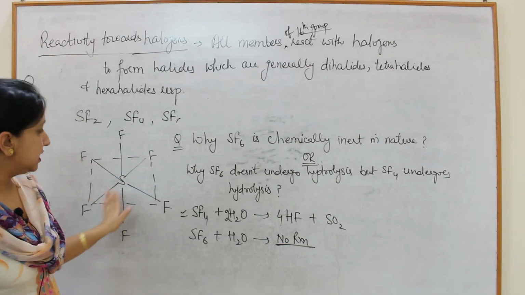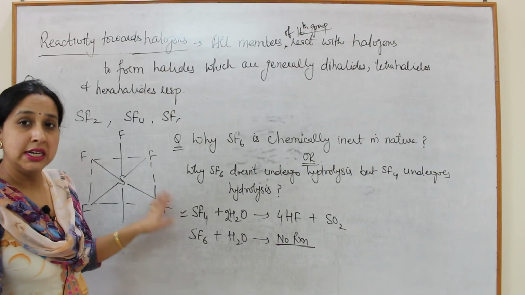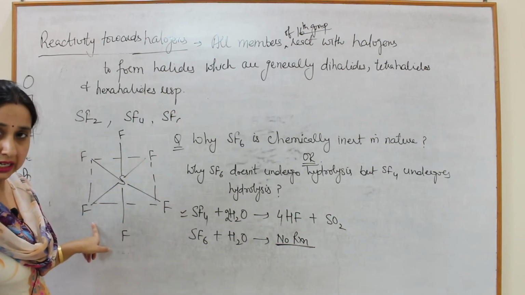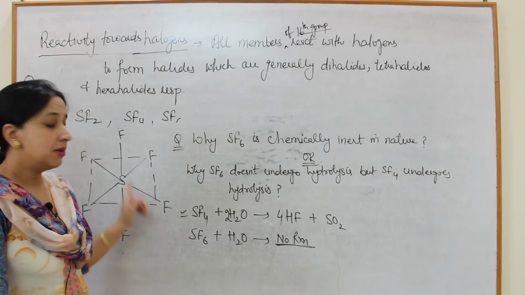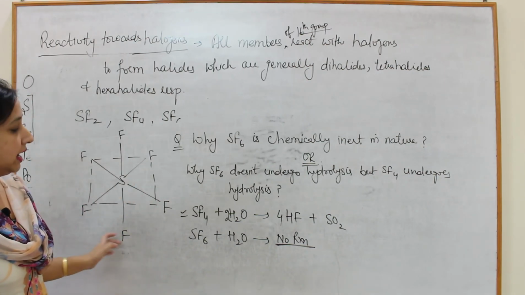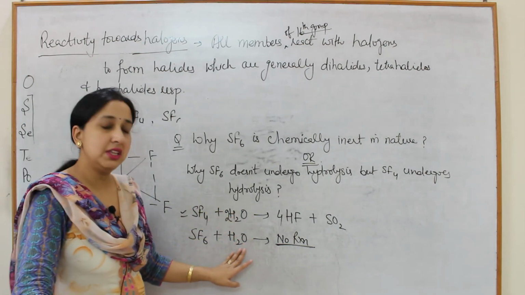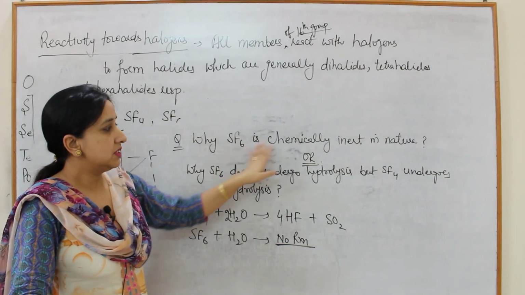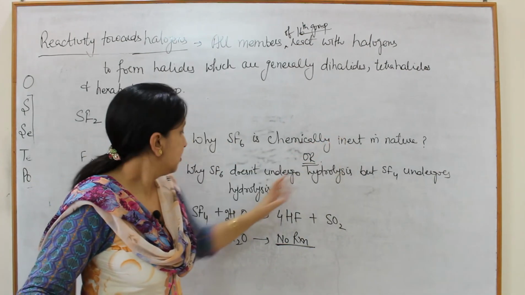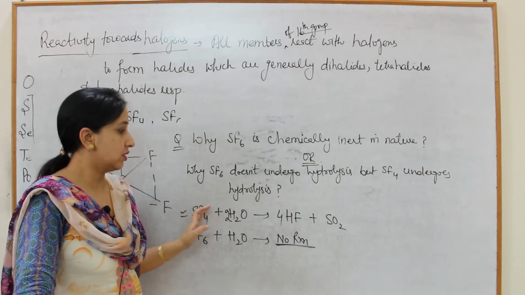That's why in case of SF6 there is no reaction, because it is chemically protected, or you can say it is sterically hindered by 6 fluorines and they don't allow sulfur to react with any reagent. That's why SF6 is chemically inert, but SF4 easily undergoes hydrolysis.